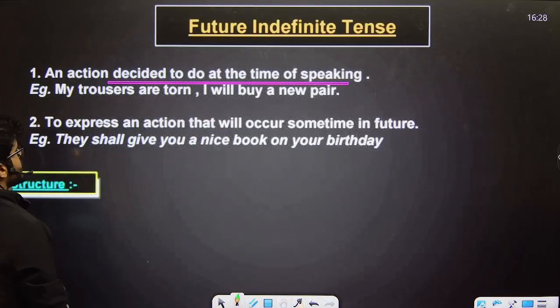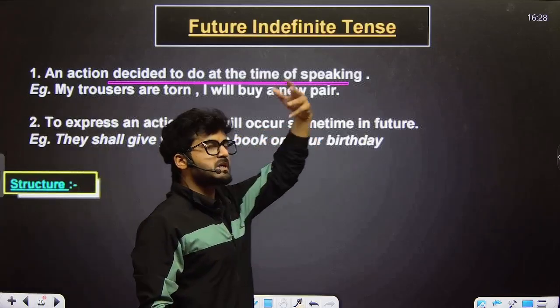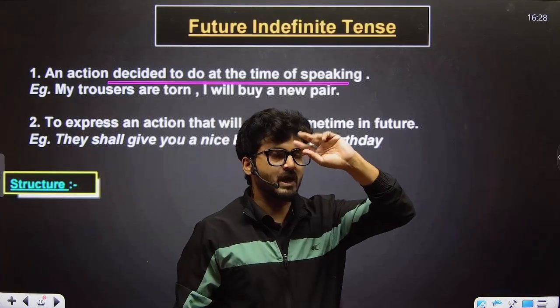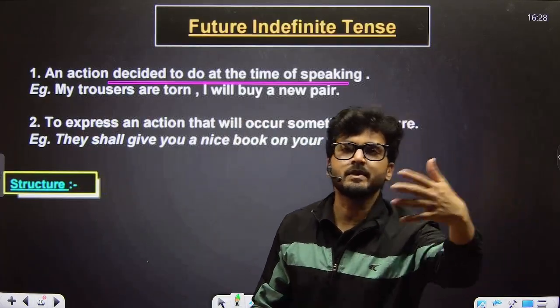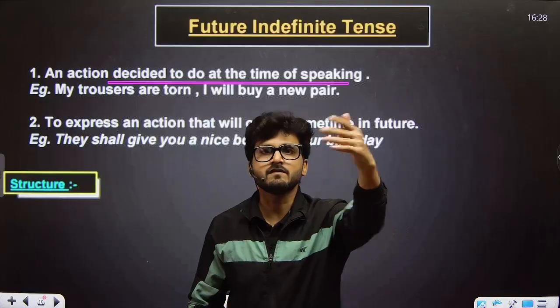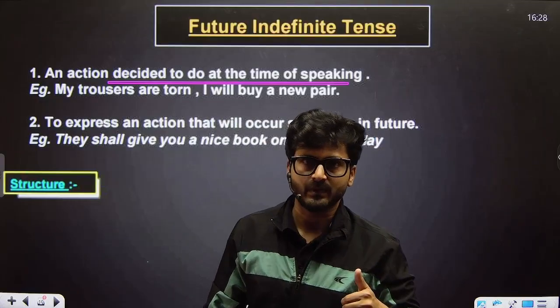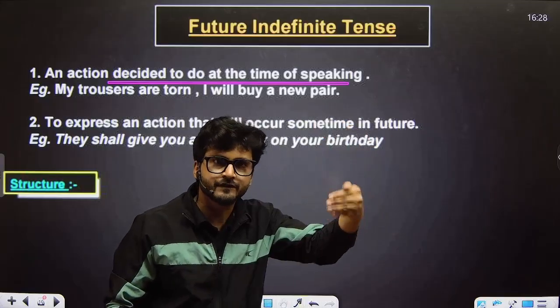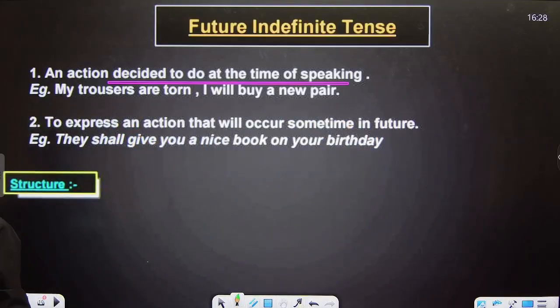Now, to express an action that will occur sometime in the future. Like, my father will visit me on coming Monday. Got it? So certain things which are going to happen in the near future will also be future indefinite.